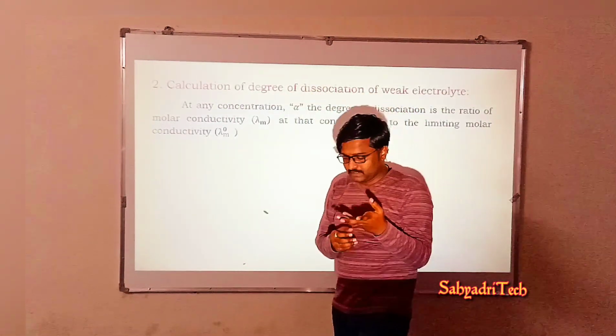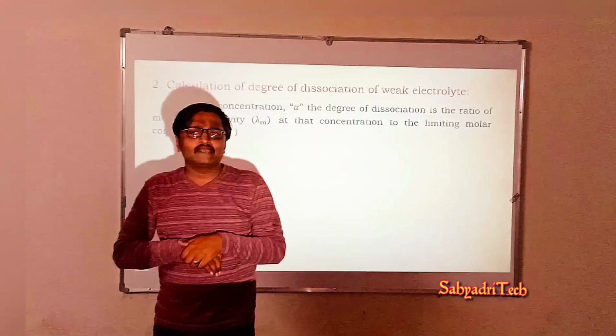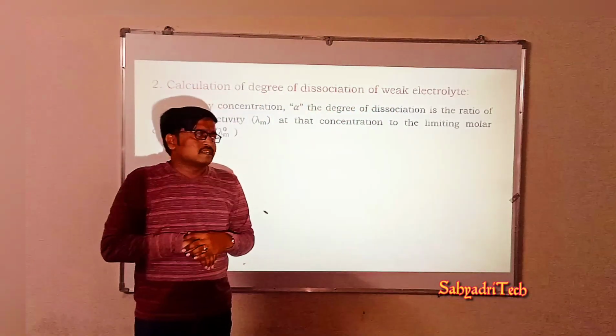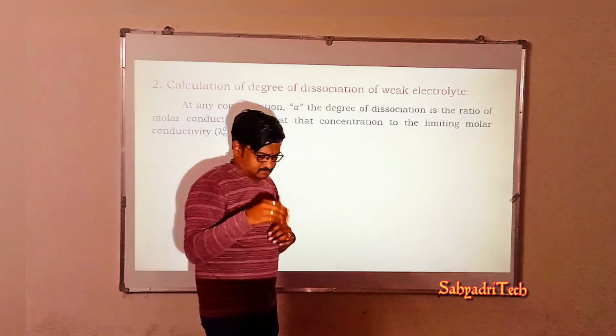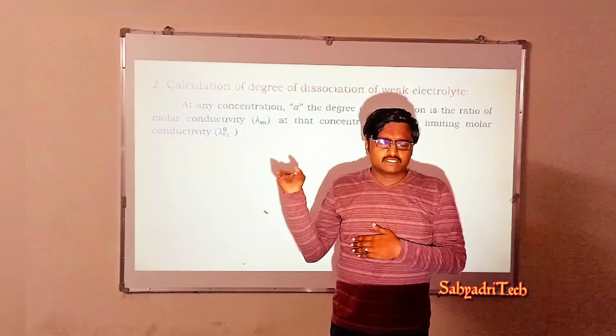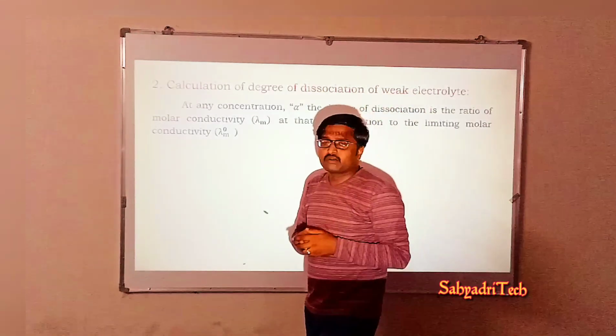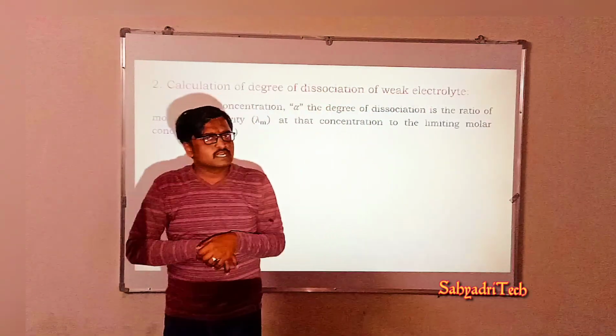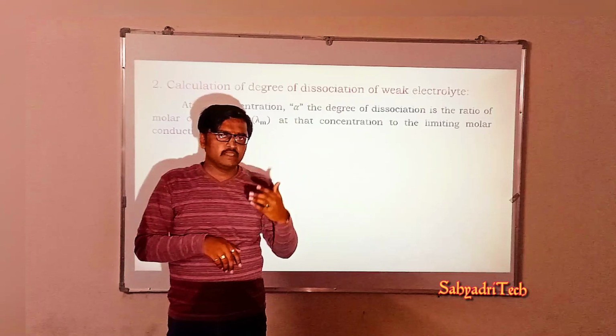For example, to calculate the limiting molar conductivity of an electrolyte, with the help of the first application, by knowing the lambda naught of a certain set of strong electrolytes, we get the lambda naught of a weak electrolyte.